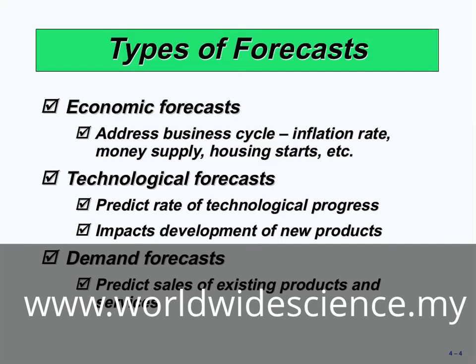You should know how much the inflation rate will increase or decrease. When you know this, you can determine the pricing policy for your product. So it is necessary that you forecast the economic issues such as the inflation rate.